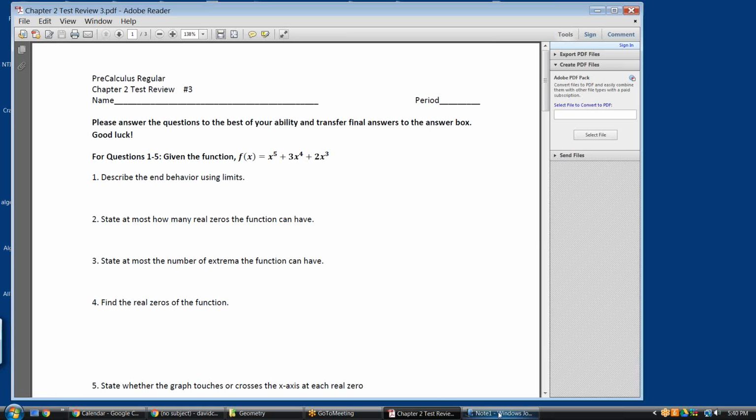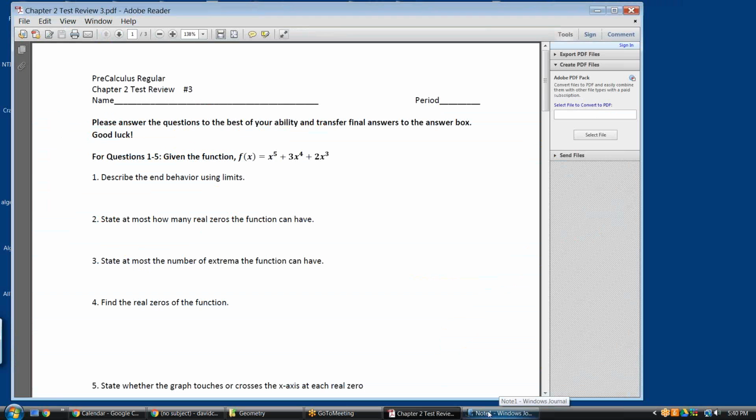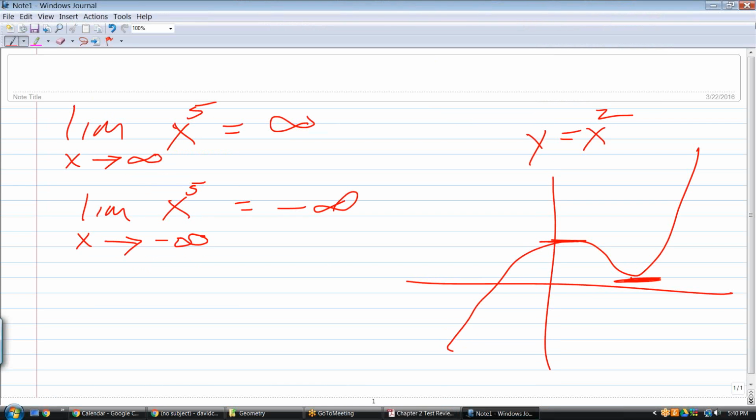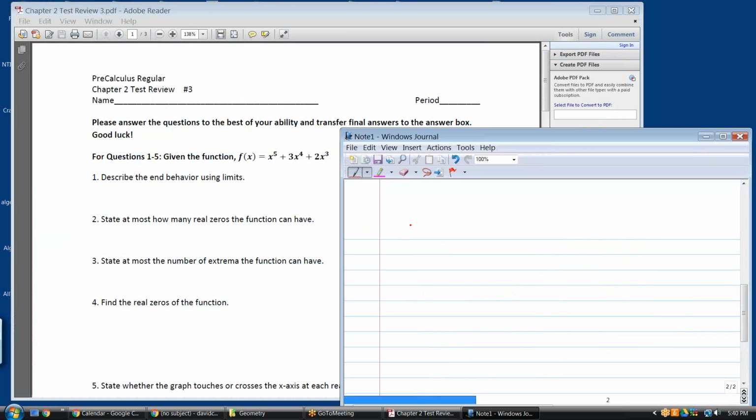Find the real zeros. Now, for this, we do need the whole function, so let me write it here. So let's start with this. What's the first thing we're going to do? Factor out the x cubed.